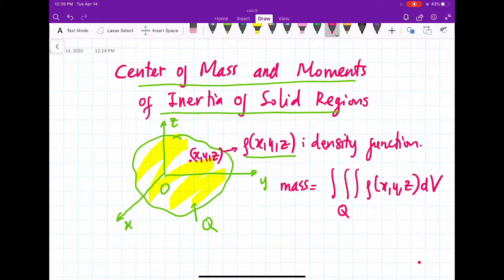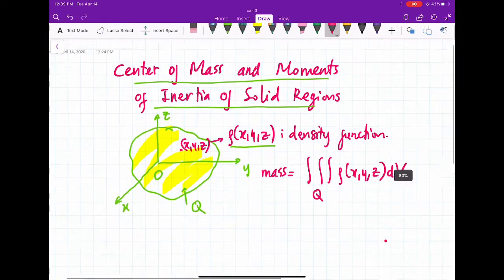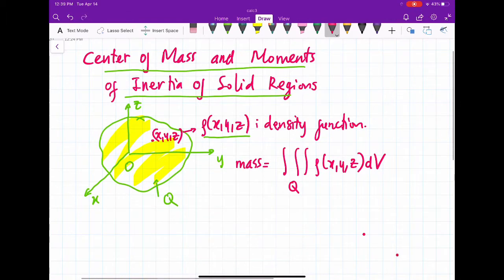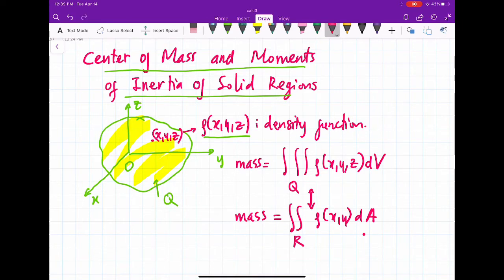Let me remind you how to find the mass of a planar lamina, and then you can compare with this. If you consider a lamina, the mass is equal to the double integral over some R of rho(x, y) dA. You see that?